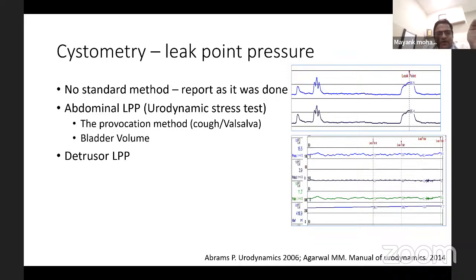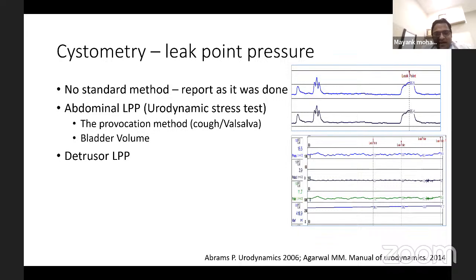Then you have another thing called detrusor leak point pressure. Now that's a very interesting phenomenon, and I think the term detrusor is a misnomer. This is a leak of urine which happens typically in patients with low compliance, where the bladder is filling under high pressure because of low compliance, and at a certain point the urine starts leaking. During this point, there should be no active detrusor contraction.